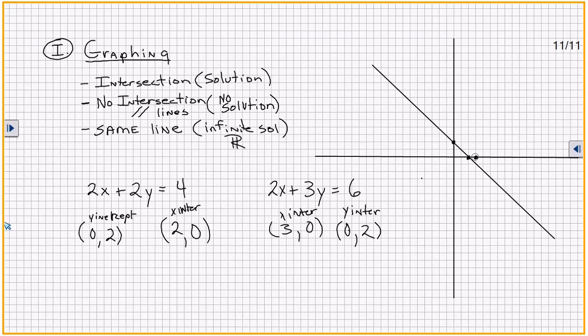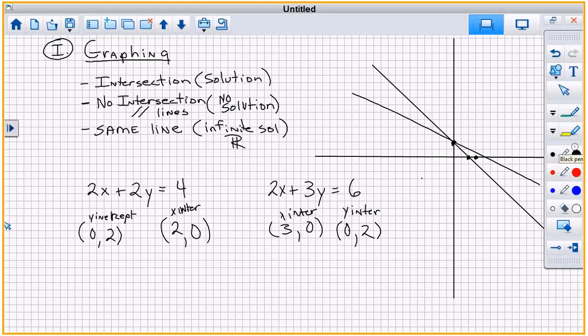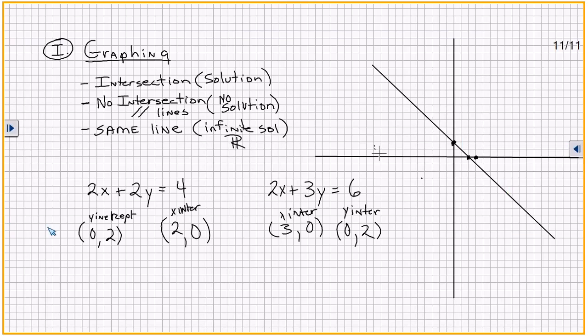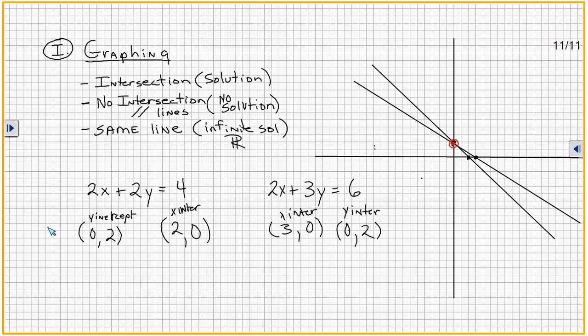Y-intercept is 0, 2. And of course, we see that the place where they intersect is right there, which has a point of 0, 2. And that is the intersection of those two lines.